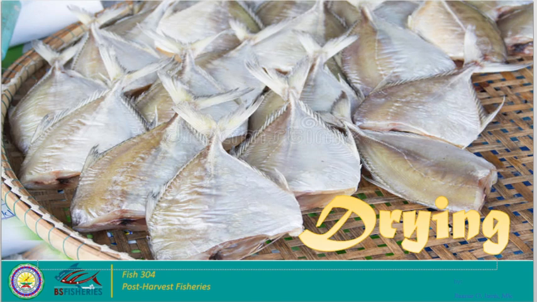If the surface area of the fish is large, of course, the removal of moisture content is faster. But a smaller surface area slows down the removal of moisture content. That is also the reason why most dried products are sliced open. Like daing, if you do not slice it open, the moisture content removal is also slow.